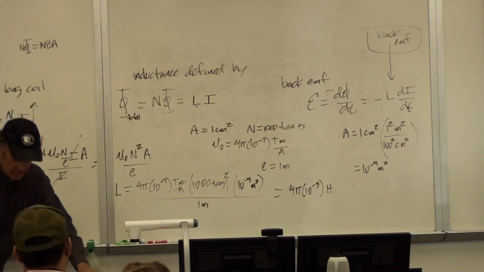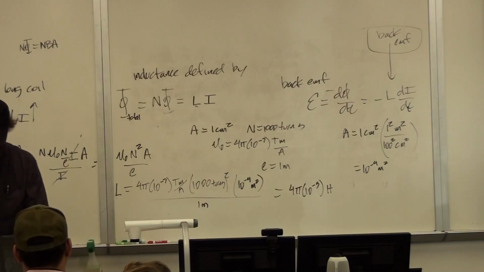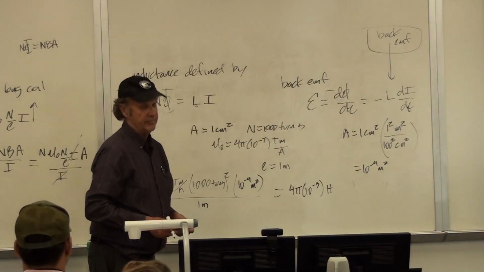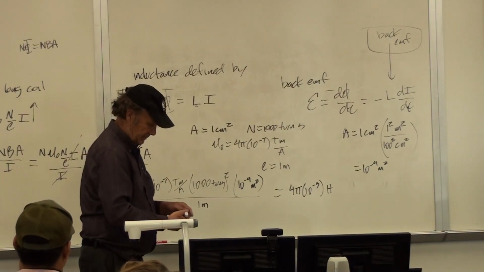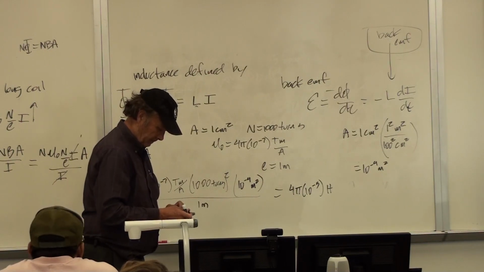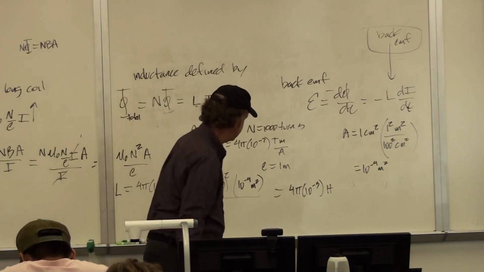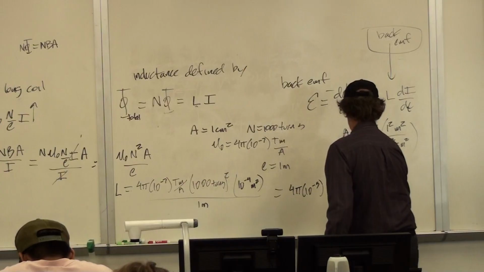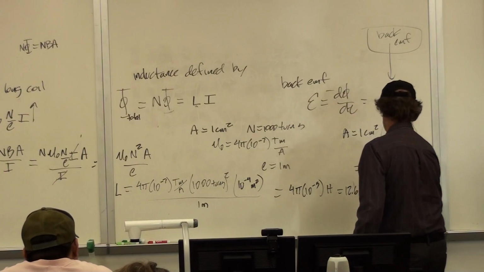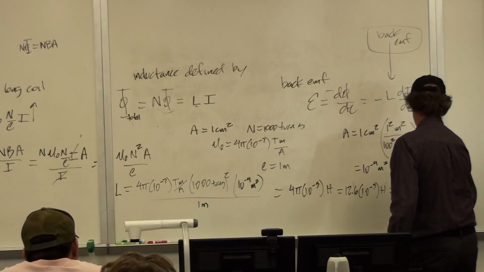And so if we want to punch out that number real quick here, 4 pi is about 12.6, times 10 to the minus 5 Henry, or 1.26 microhenry.